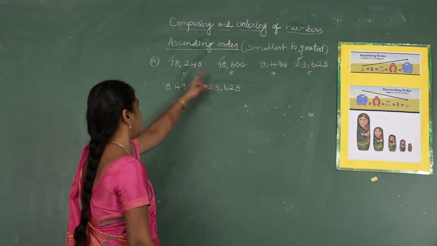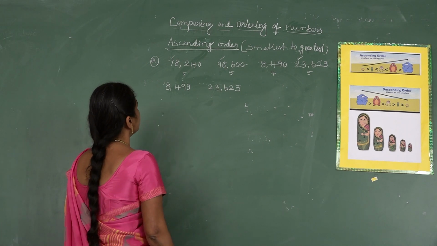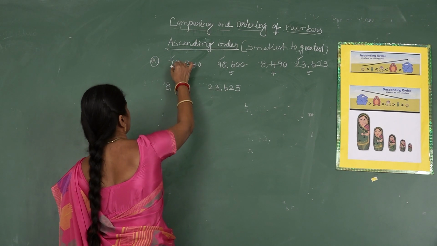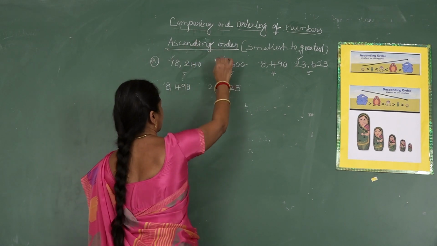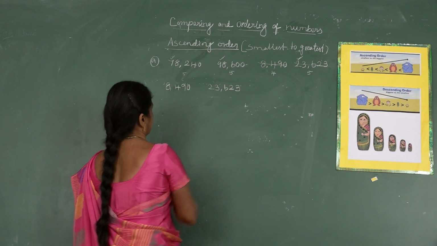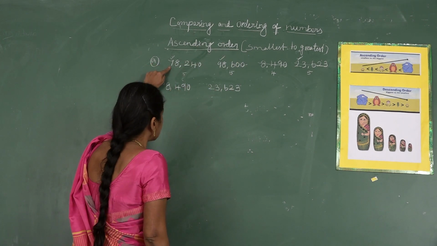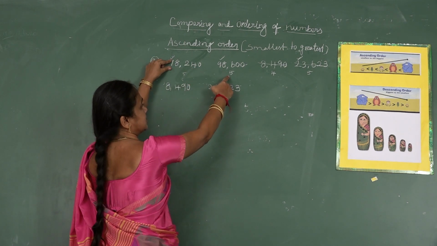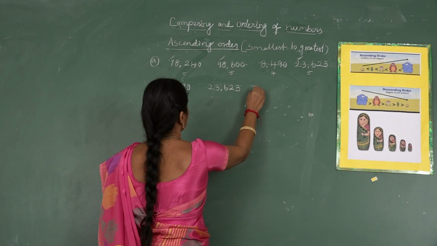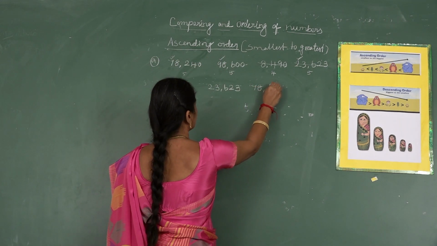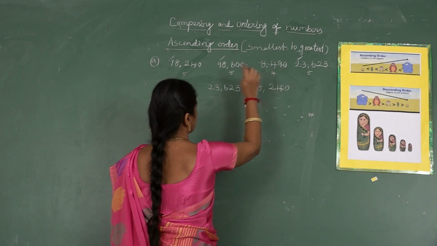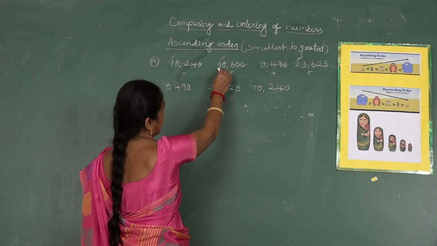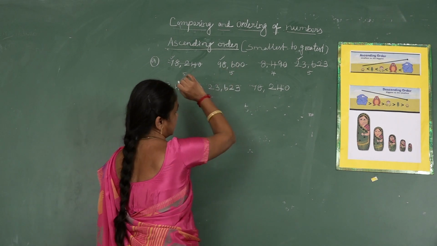Now we have 2 numbers. In these 2 numbers, 7 is in 10,000 place, 9 is in 10,000 place. The 7 is less than 9. So this number comes before this number. 78,240. Now we have only one number, 98,600.